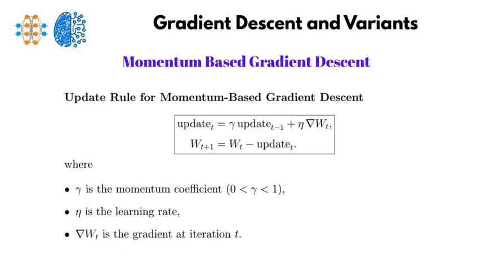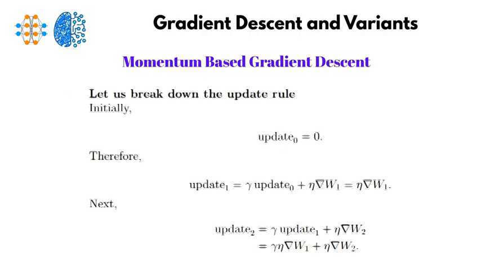Then we use that update to obtain the new parameter value. This is exactly how the optimizer develops the momentum or memory that we discussed in the previous slides. And now we can clearly see the connection between the intuition and the mathematics. The previous update provides momentum, while the current gradient provides the new direction.